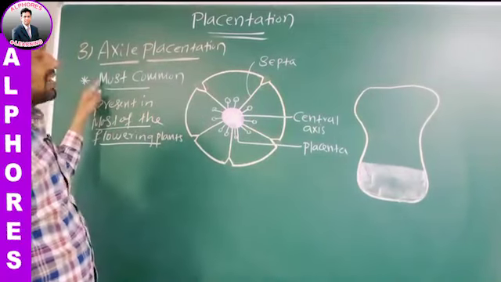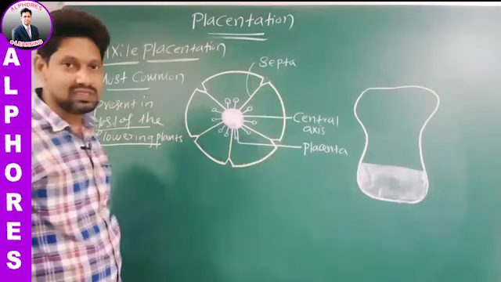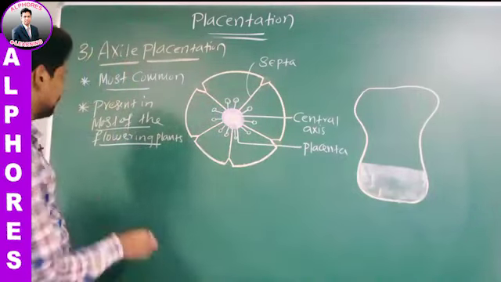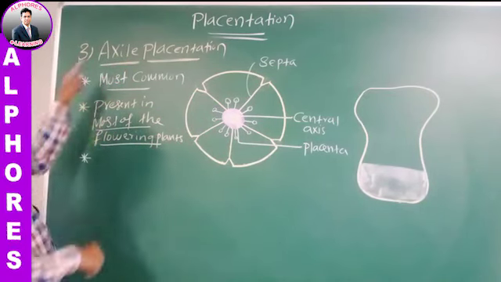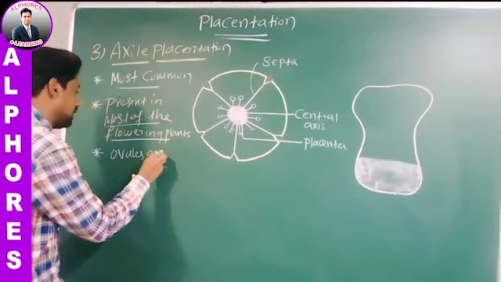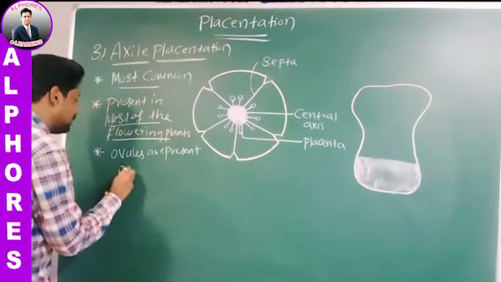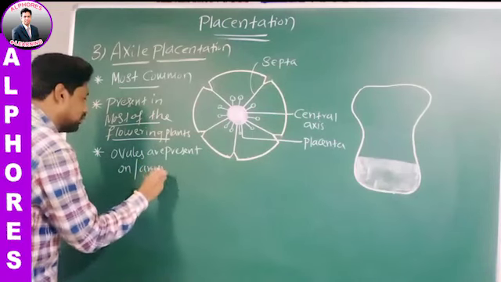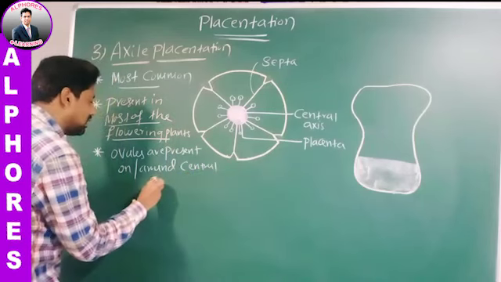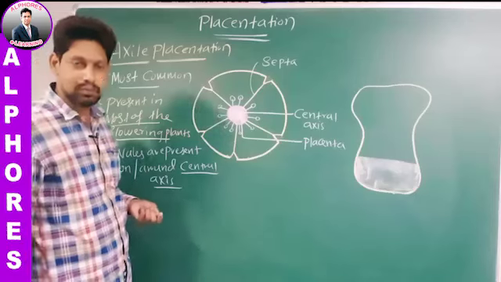Therefore, this is axial placentation: ovules are present on or around the central axis.